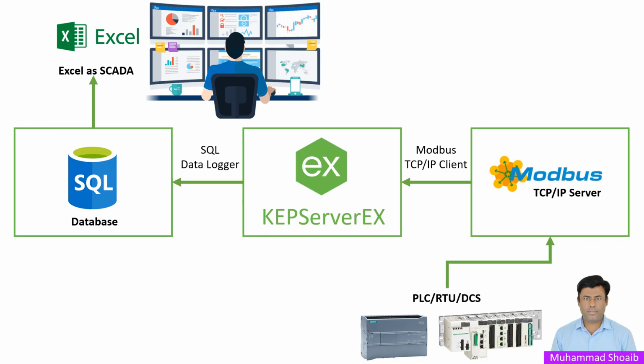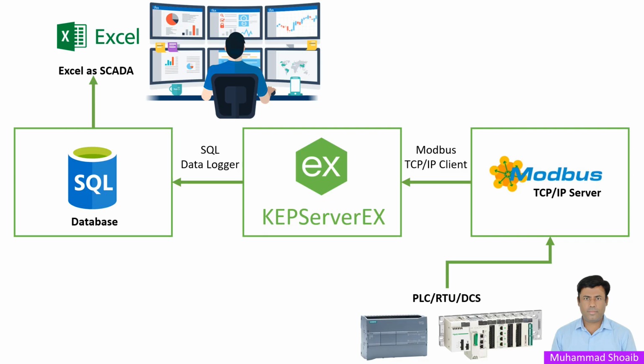So data will come inside the Kepware server, and after that, Kepware server stores that data inside the SQL database at a specific time interval. And then Excel, at a specific time interval, will fetch data from the SQL database and show all of our field values inside Excel.